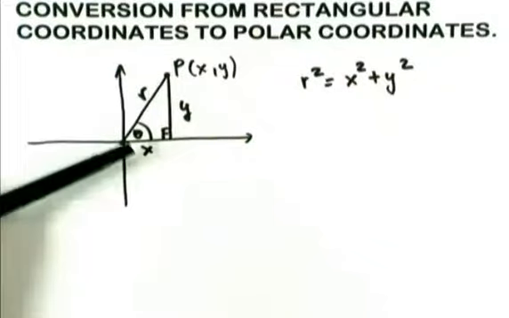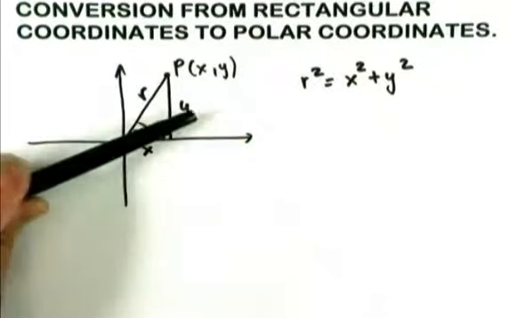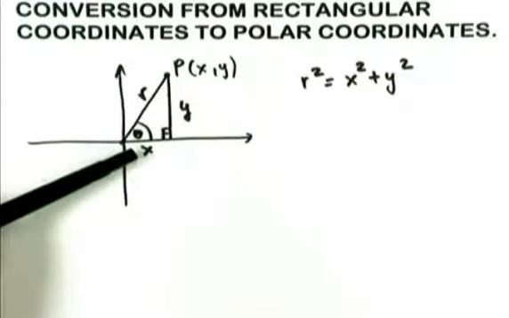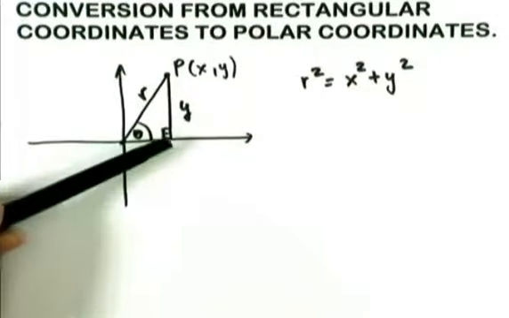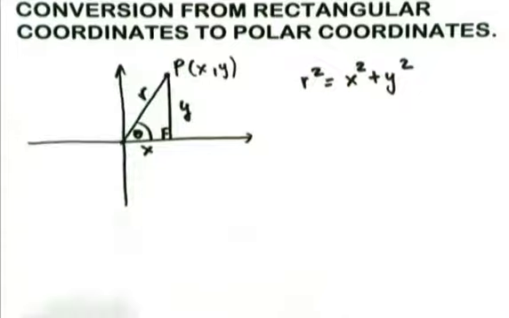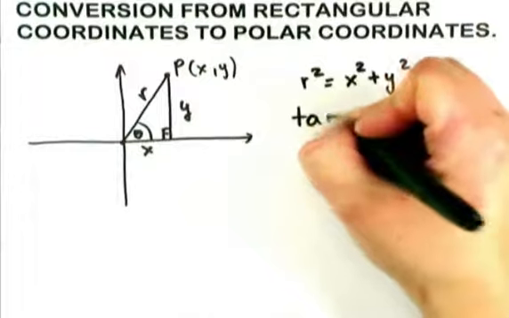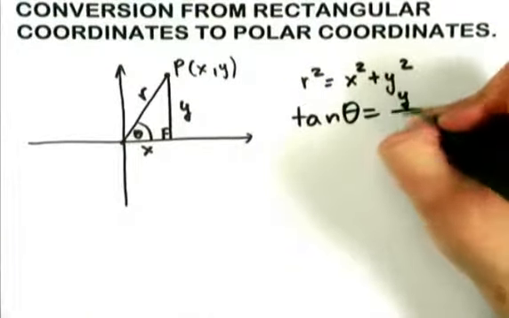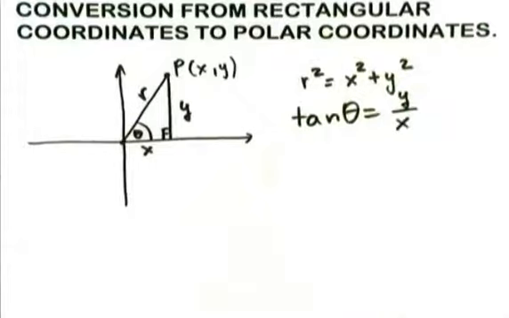And now we need to find angle theta using x and y. Regarding theta, x is my adjacent, y is opposite. So opposite and adjacent, what trigonometric ratio can we use? It's nothing else but tangent. So tangent theta is opposite, which is y over x.